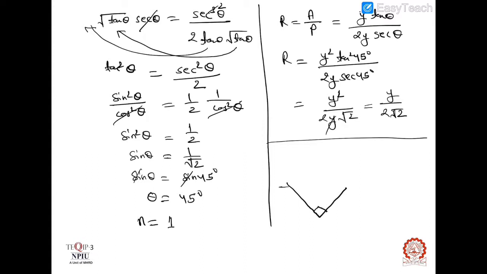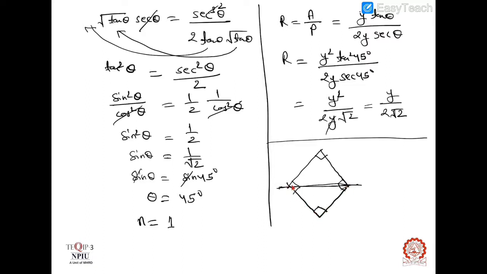It means this is a half portion of the square described on a diagonal, having equal sloping sides. This is a square. If we halve this square along this diagonal, then this portion will be the most economical triangular channel section.